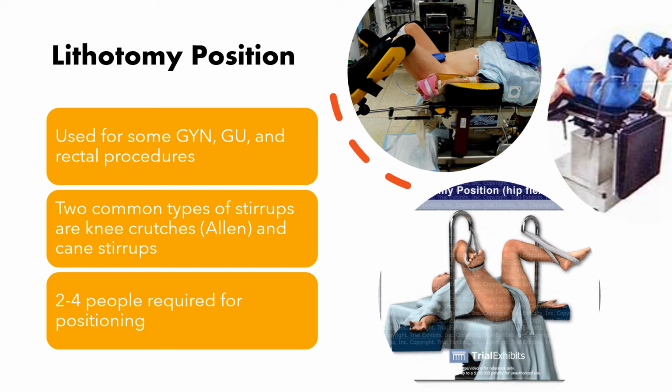Those are some of the main ones. If the patient has a rectal fistula, we might also use this position as well. I talked about the different types of stirrups.